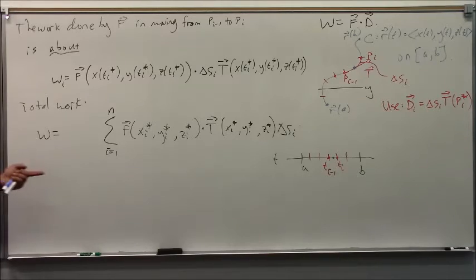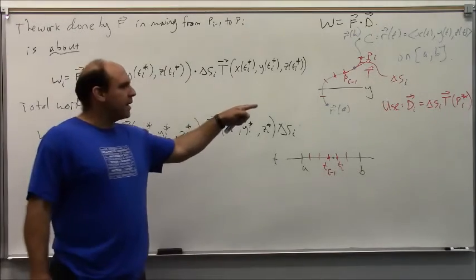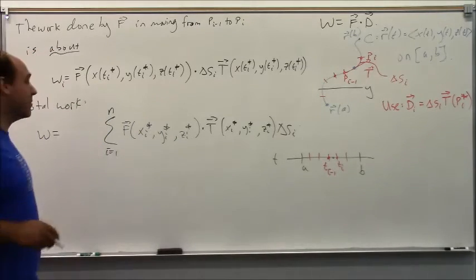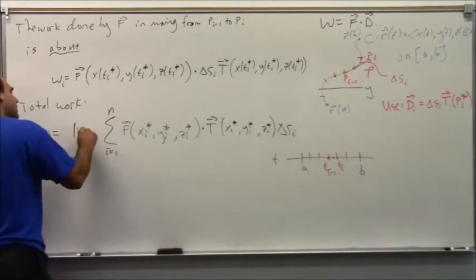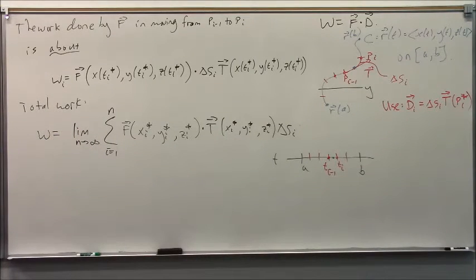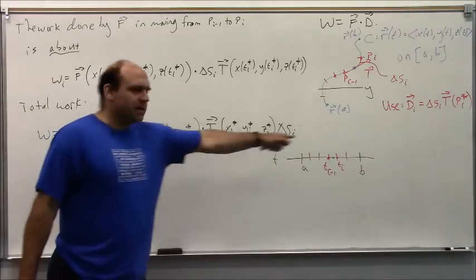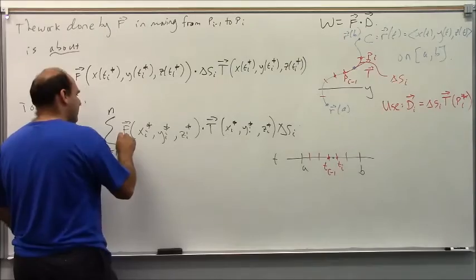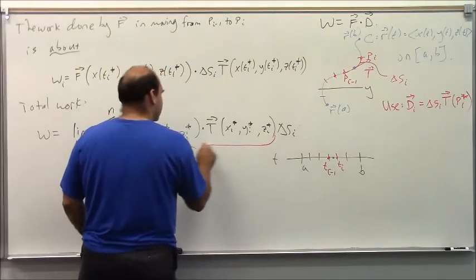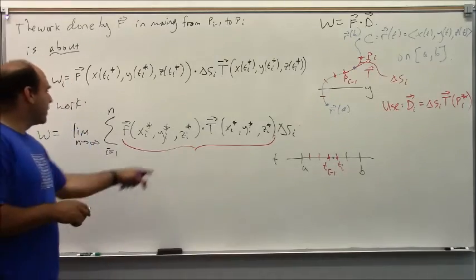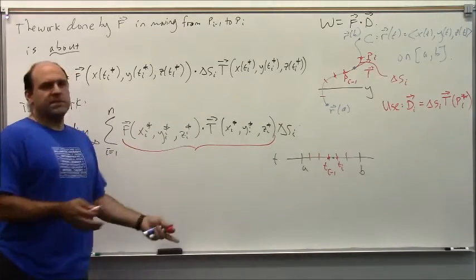And that gives me a really nice approximation to the work done by F in moving from r of a to r of b. But I don't want an approximation, I want an exact value. So I'm going to take n to infinity. And by golly, this is exactly a path integral. Even though I started with vector fields, because it's a dot product, it gives me a scalar.